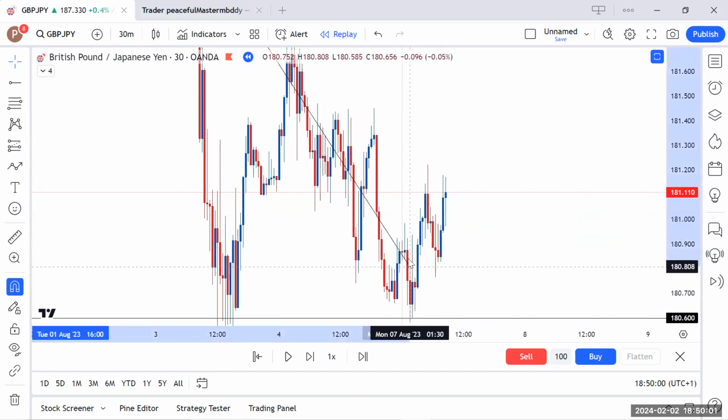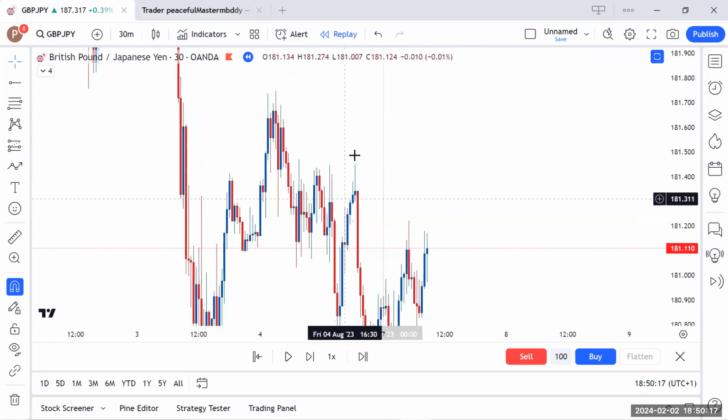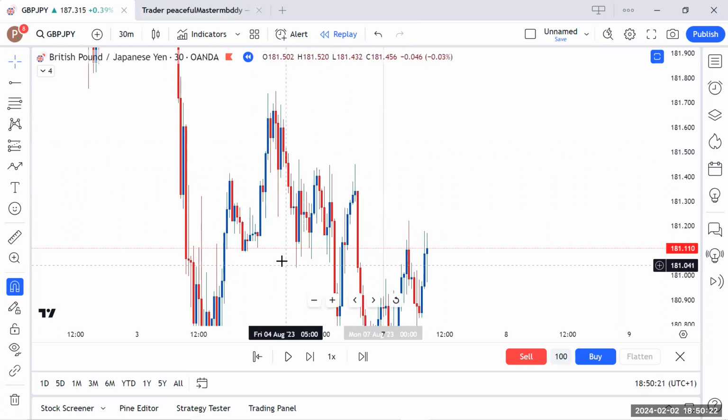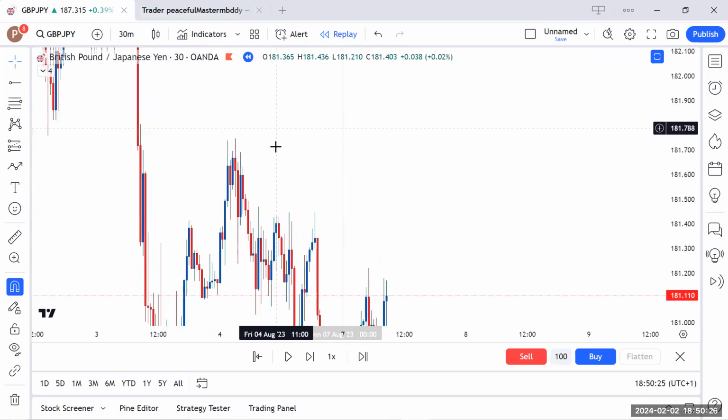We can see that price has reacted from this area, broken out from this resistance zone, created a support at the previous resistance, and now is pushing to the upside. We can see price seeking liquidity. These wicks are going to be filled because these wicks are validation that there is supply at higher points.